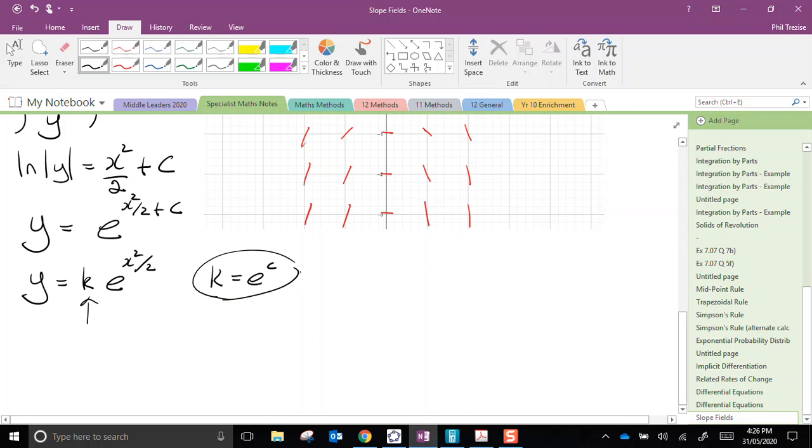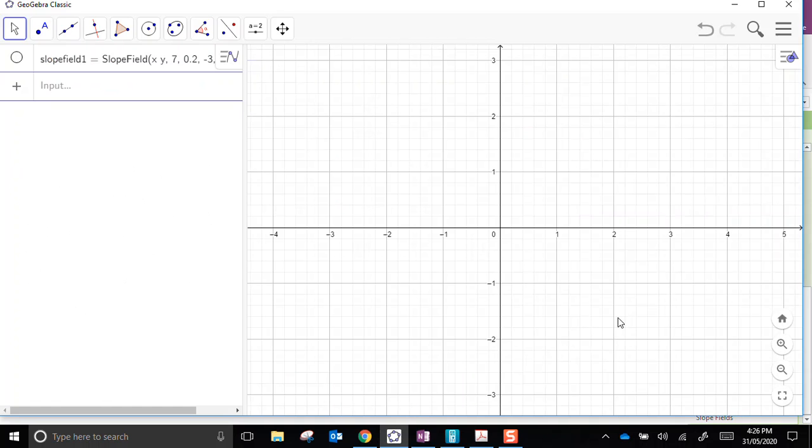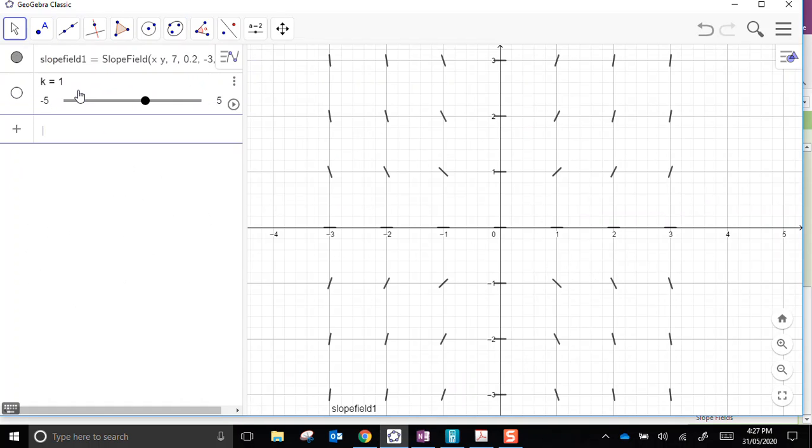Let's pop over into GeoGebra and see if we can investigate this. So there's my slope field that we were just trying to draw. Looks pretty much the way we thought it would. And let's set a constant. Now this constant could be anything, negative 5 to positive 5, it's controlled by that slider.